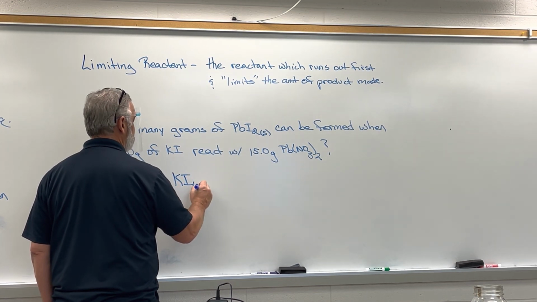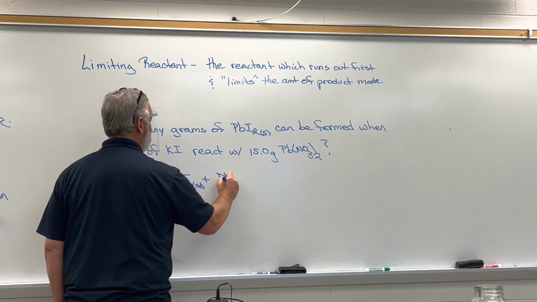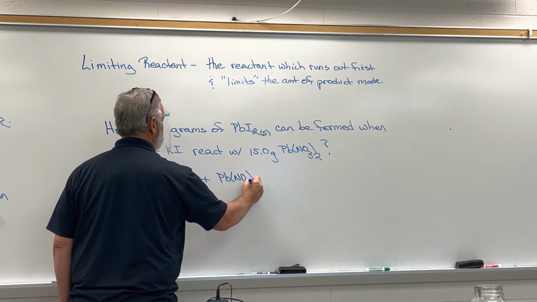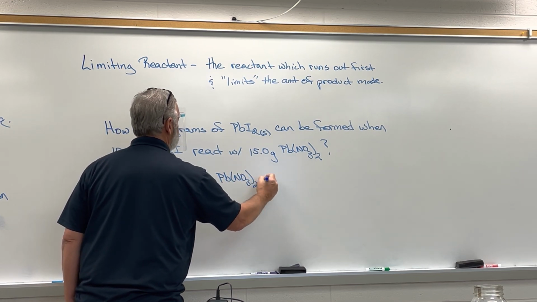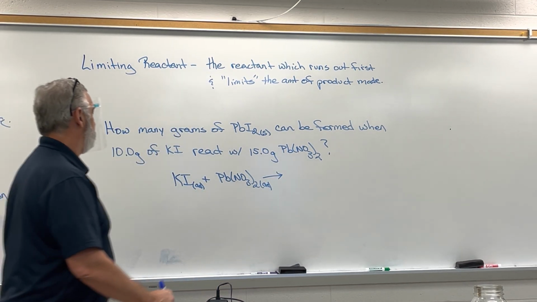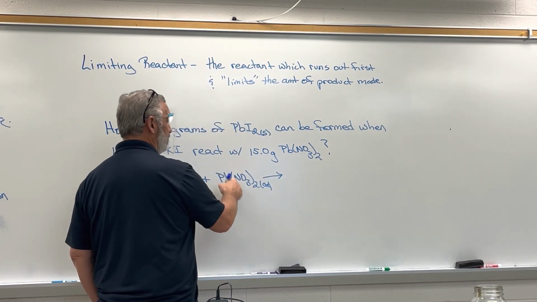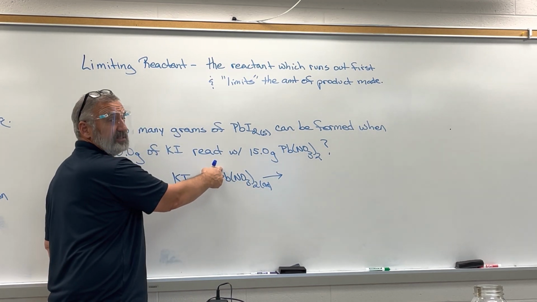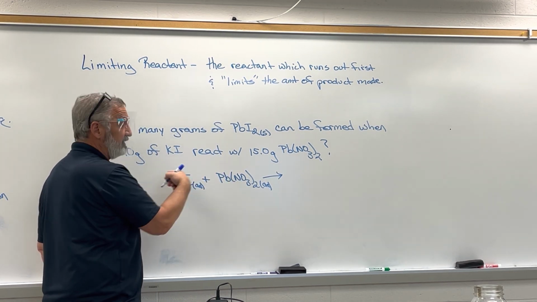KI, both of these are going to be aqueous, plus Pb(NO3)2. And what's that going to make? PbI2, because lead is plus 2. Do the reverse crisscross here. We know lead's going to be plus 2, nitrate's minus 1.